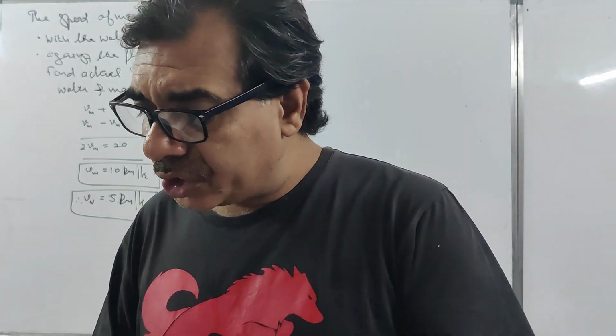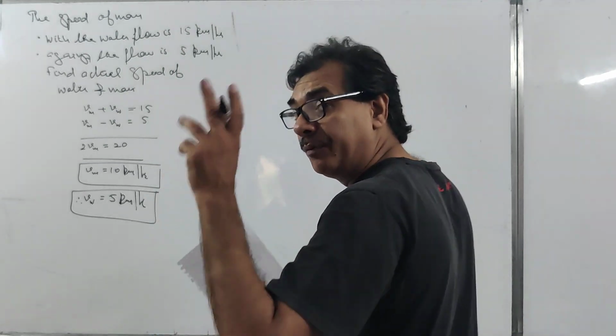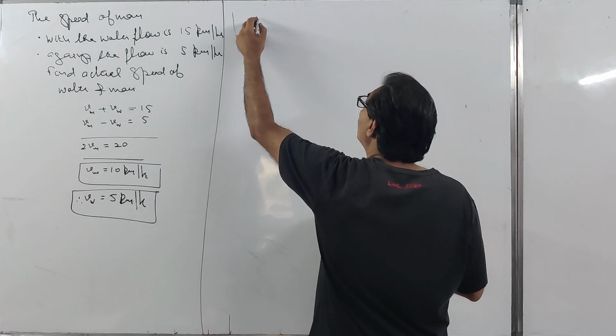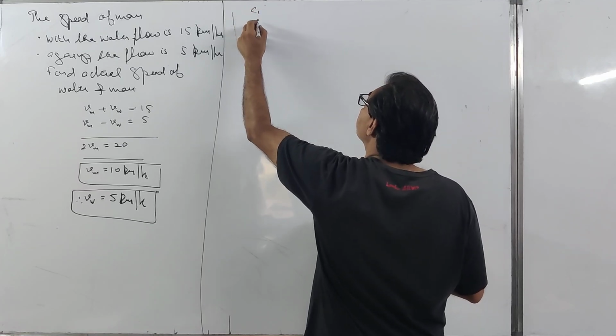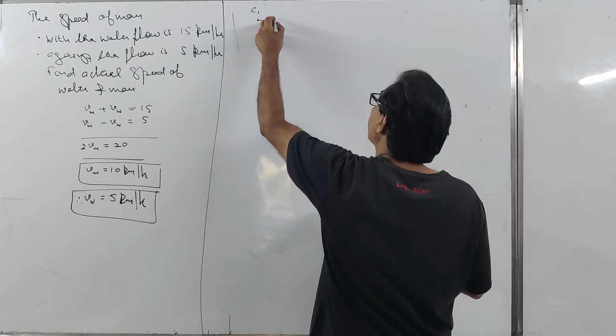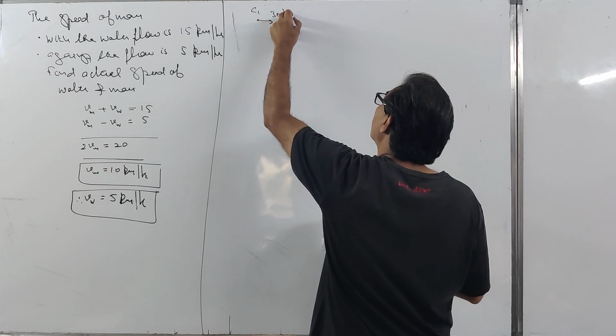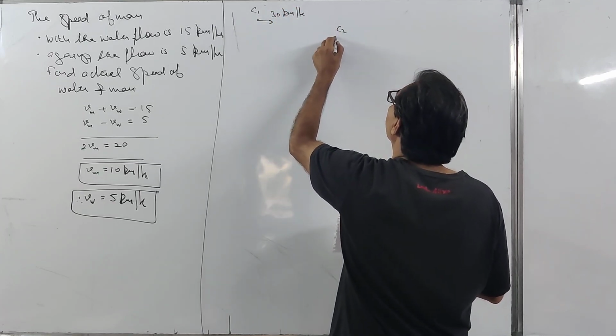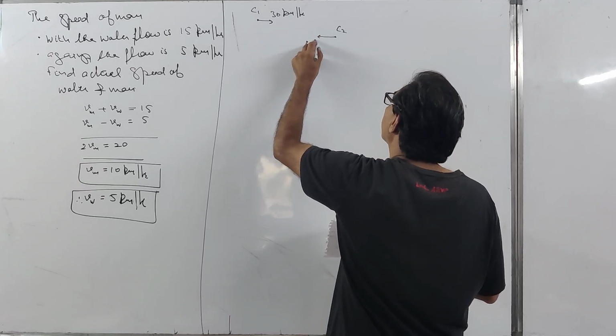There is a beautiful question here, one of my favorites. He says there are two cars, C1 and C2, both moving at the rate of 30 km per hour.